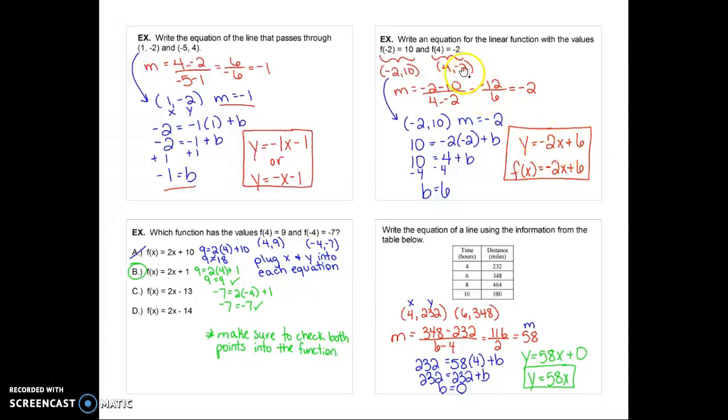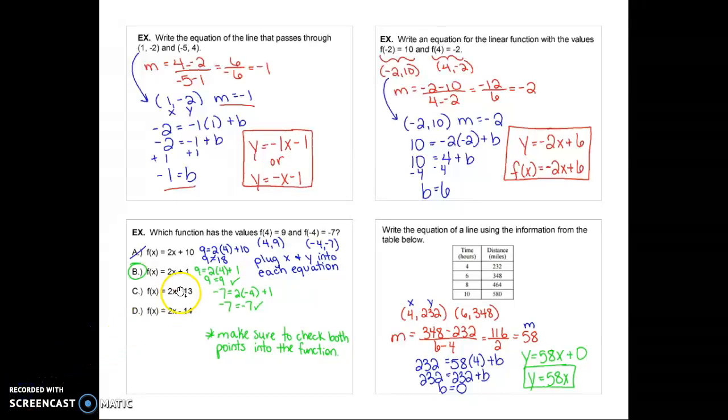Since your original information was written in function notation, you should write your answer to match it. So your final answer would actually be f of x equals negative 2x plus 6. You just change that y to an f of x because your original notation was f of.